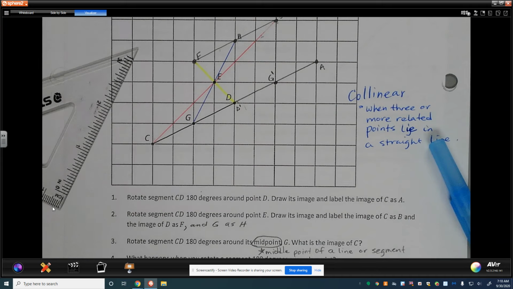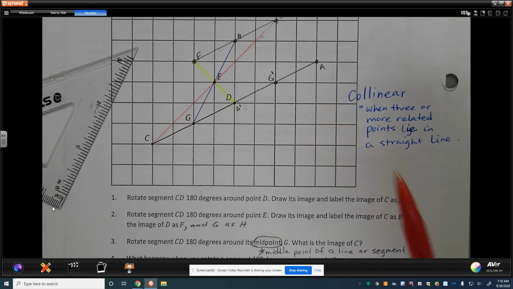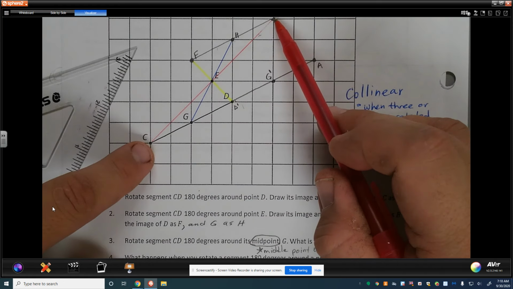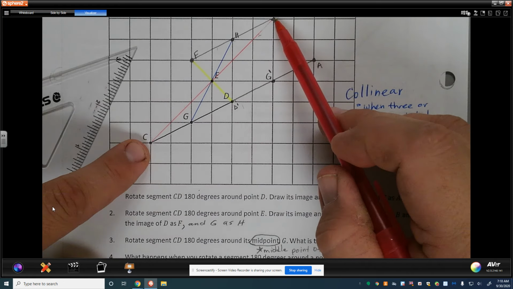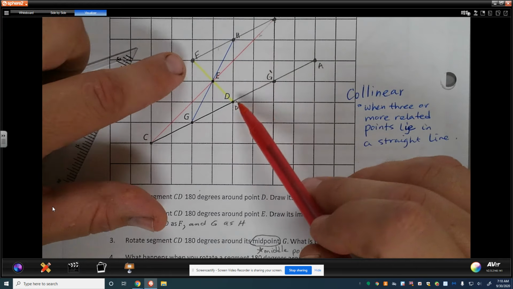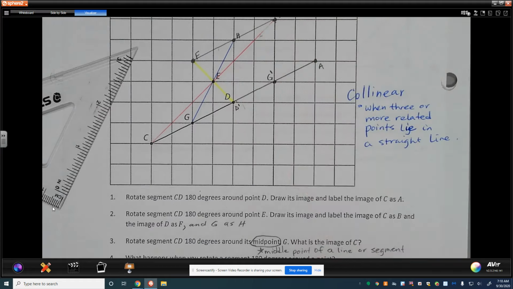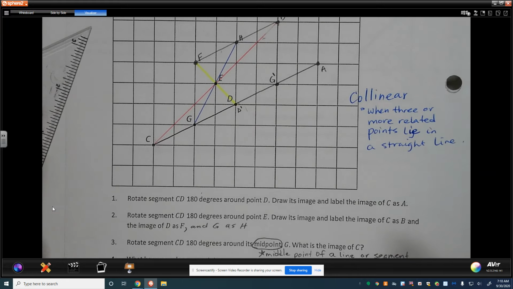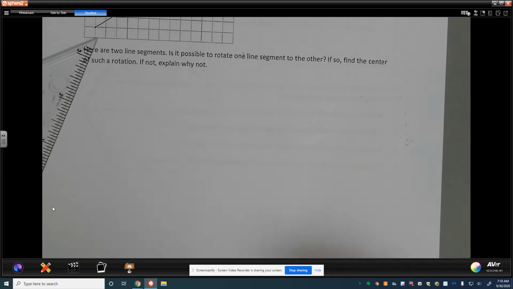And the cool thing that I like about 180-degree rotations, if I don't know where that center is, I can find it by connecting the related points, or the corresponding points from the two figures. And they will always pass through one common middle point. So keep that in mind as we get going through the rest of this, and as we see through a couple more lessons as we get going.